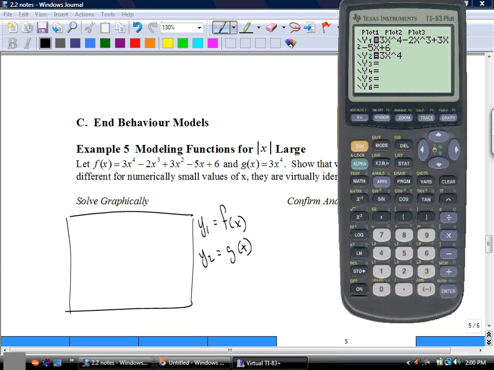Okay? And in your window settings, so there's f of x, there's g of x. Are they virtually identical when you look at them from far away? Yeah, they look the same.